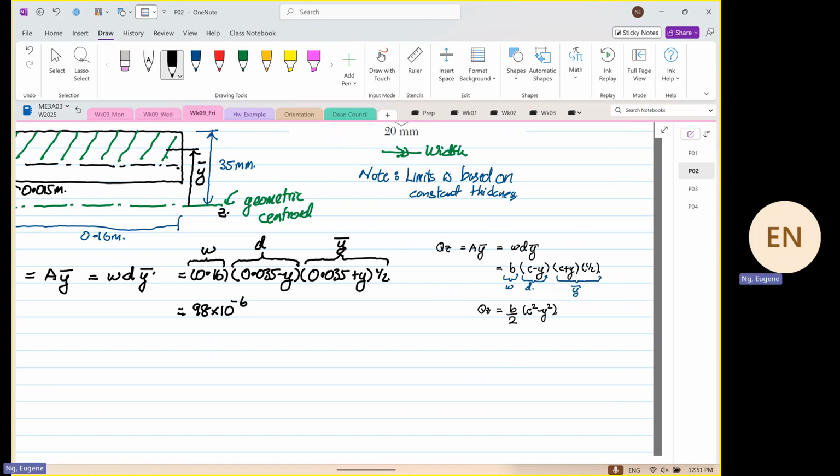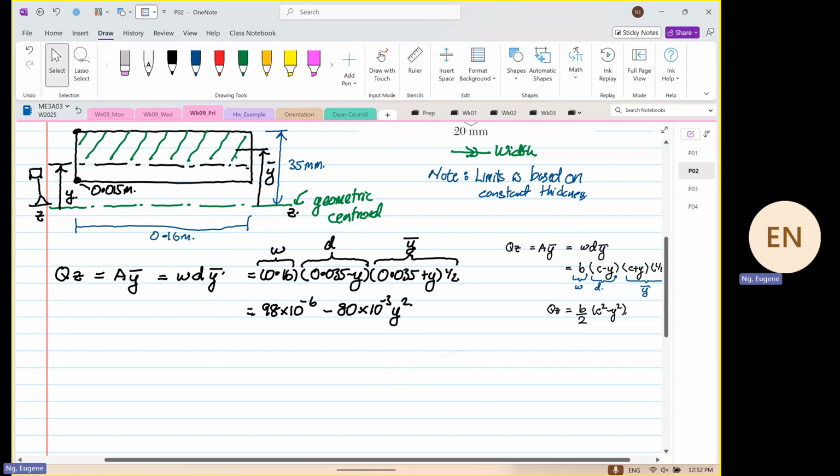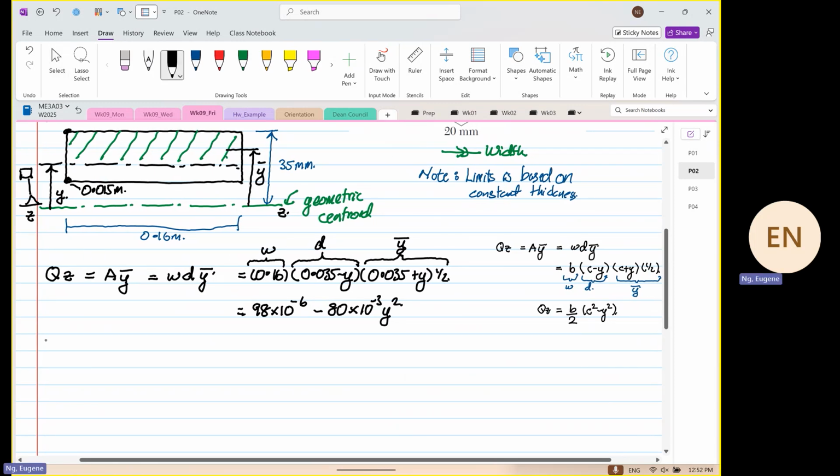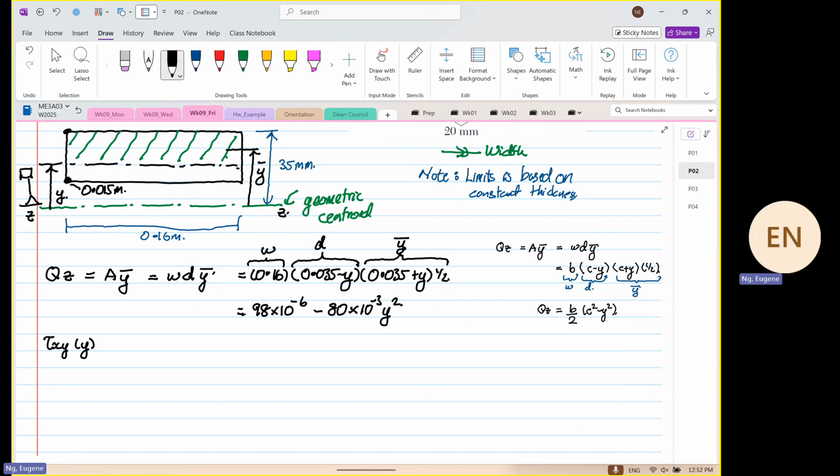Okay, and then 0.16 times 0.5, we have 80 times 10 to the power minus 3 y squared. Okay.